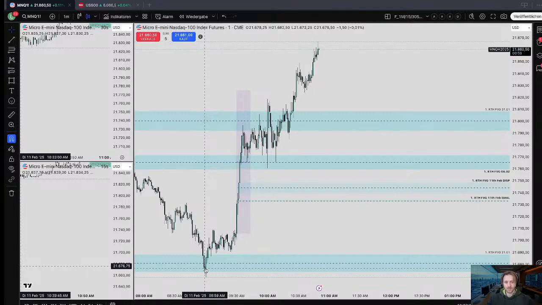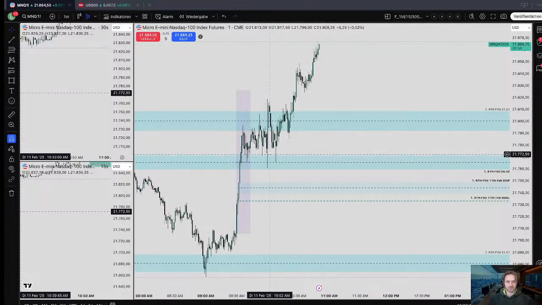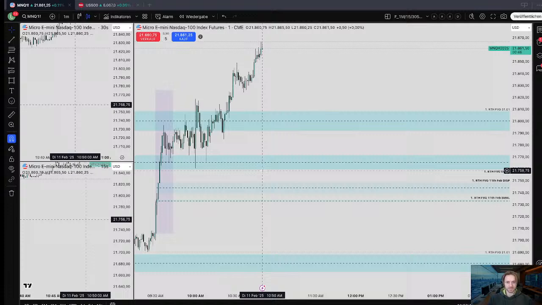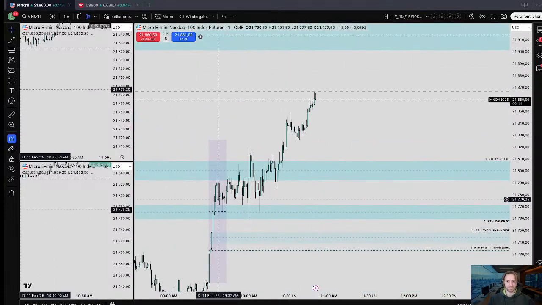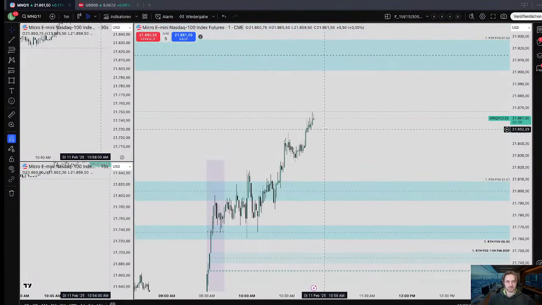It's going up, consolidating a bit, taking out a bit of the sell side here, but nothing really mad. Then it goes up again, consolidating again, goes up again. It's slow, but it's going upwards.